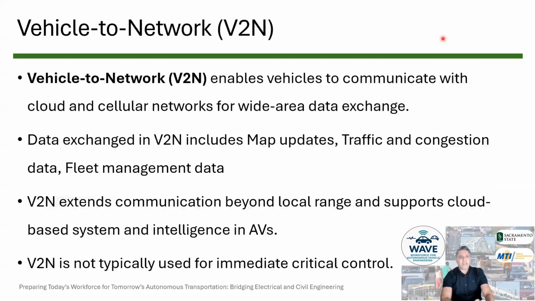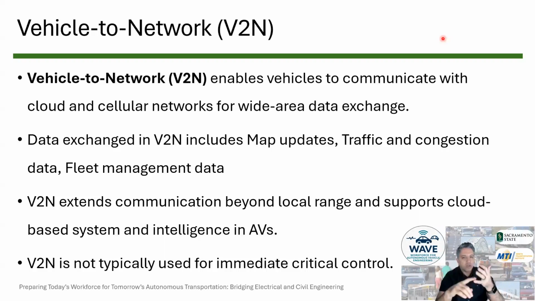Okay. Now, another category is vehicle to network, which enables vehicles to communicate with cloud and cellular networks for wide area data exchange. The data exchange is map updates, traffic and congestion data, and fleet management data. V2N extends communication beyond local range.